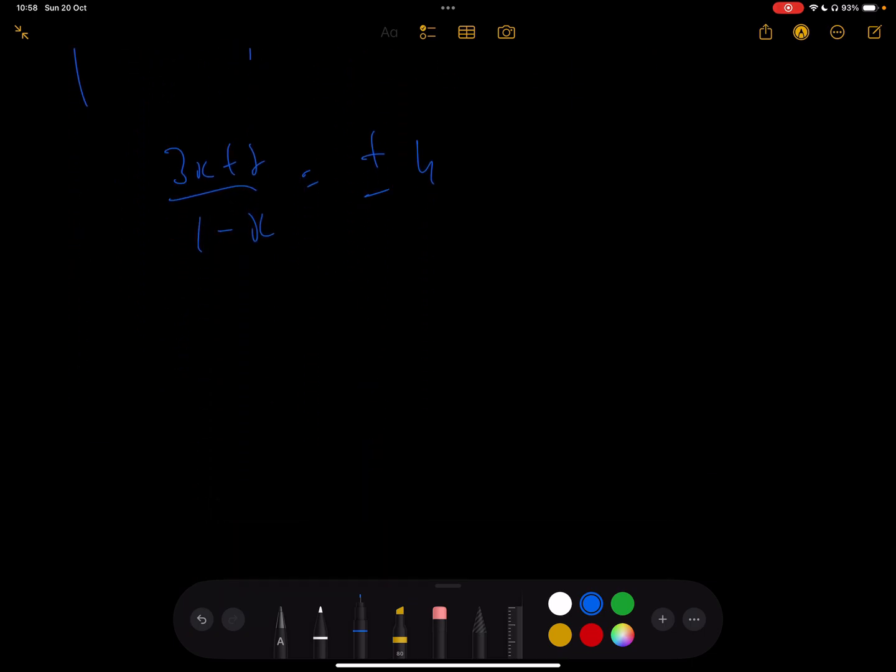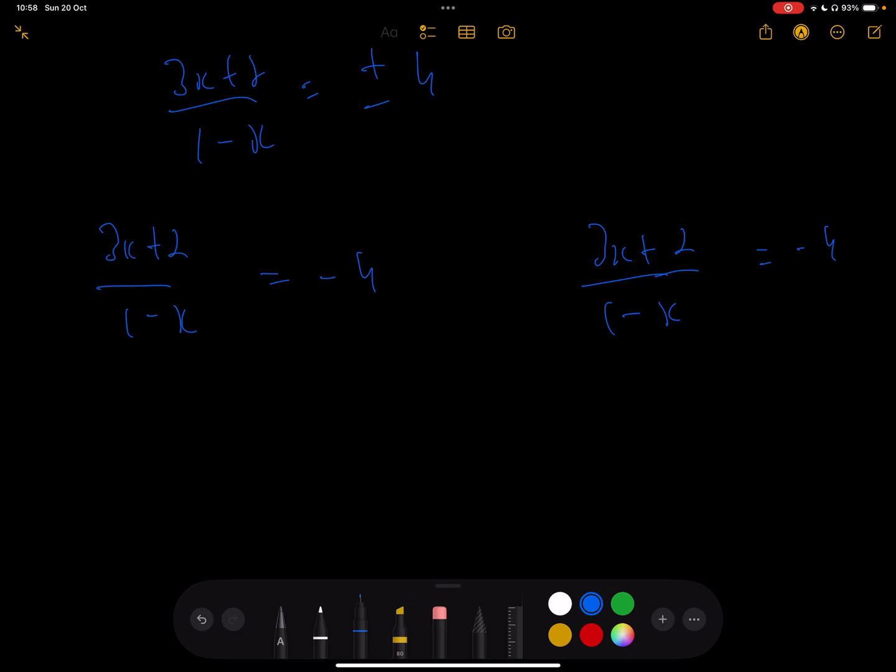So we have two routes now. We have 3x plus 2 over 1 minus x is equal to 4, and we have 3x plus 2 over 1 minus x is equal to -4, right? So what does this mean? Now we can solve these two equations. On the left hand, this will be our negative side.